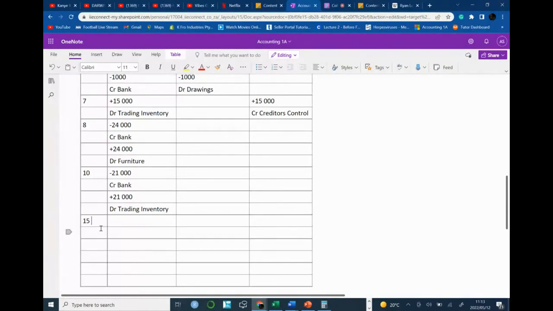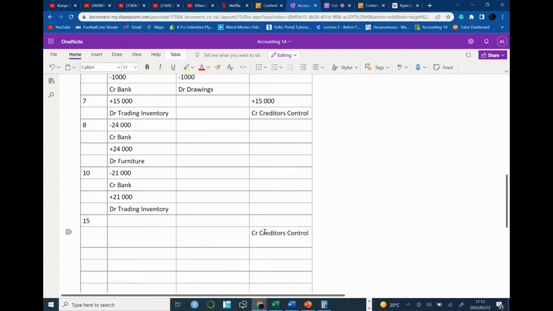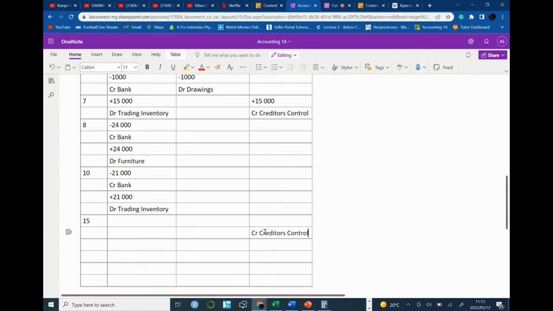We're going to credit creditors control, because we're recording this transaction on the 15th, and repairs and maintenance.